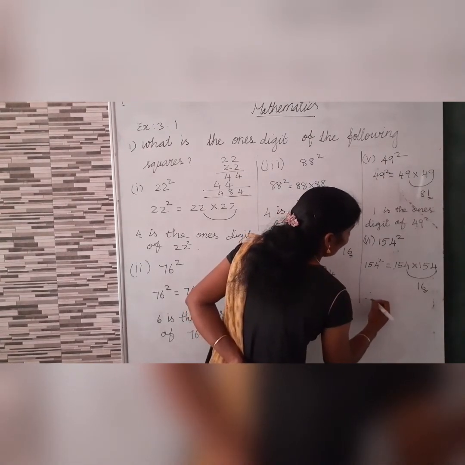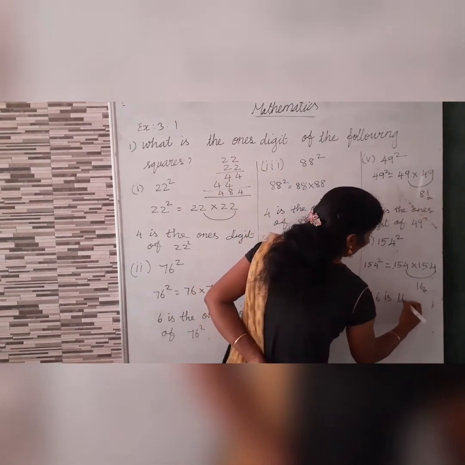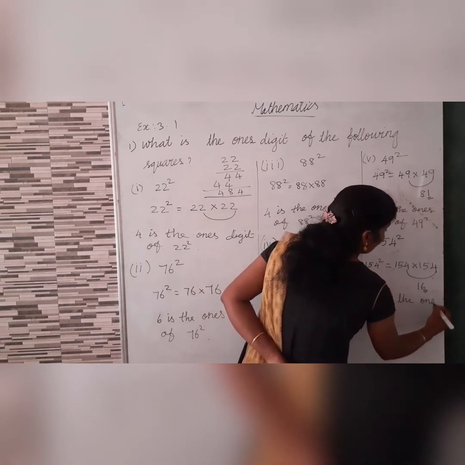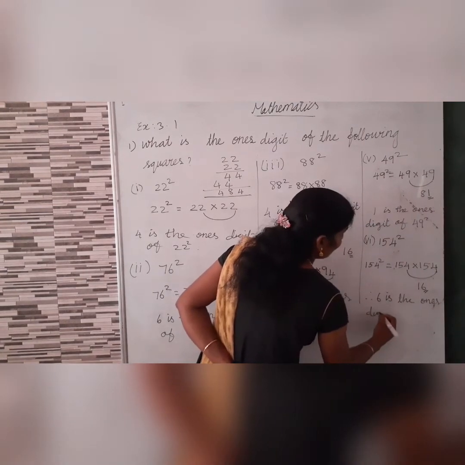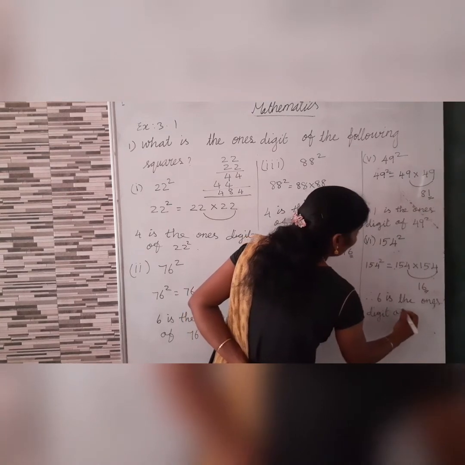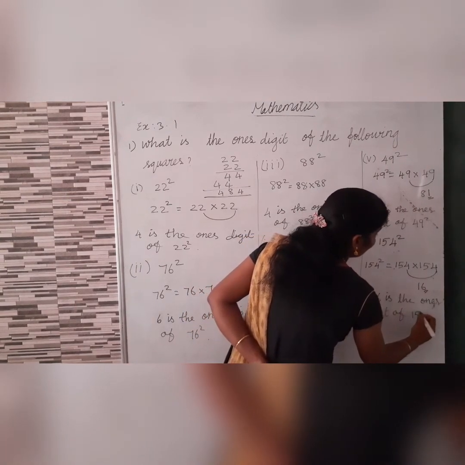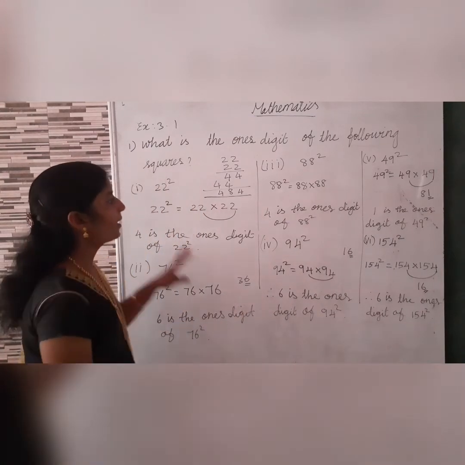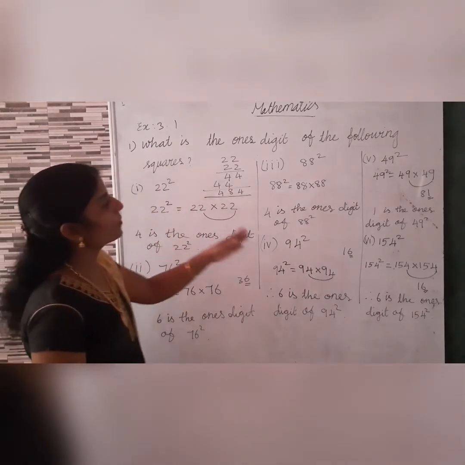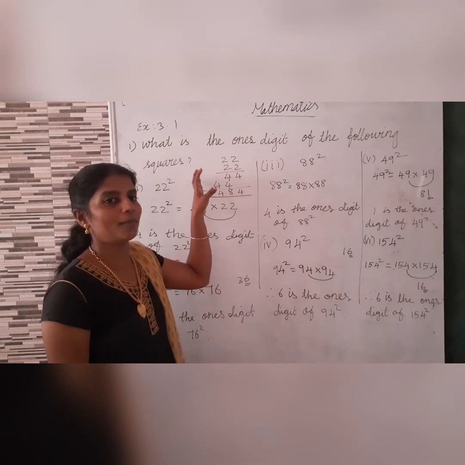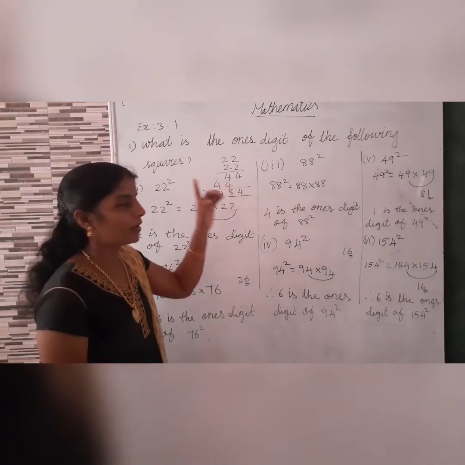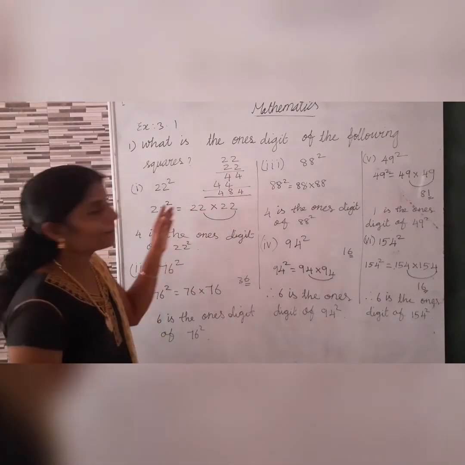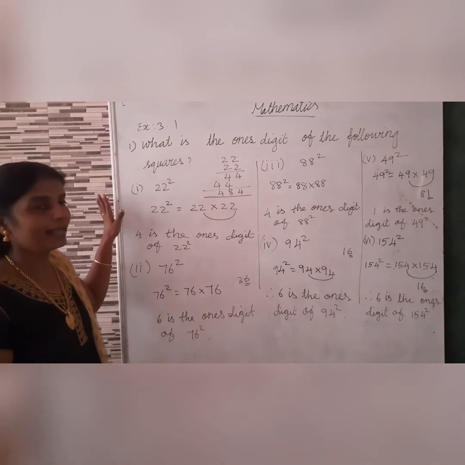So, therefore, 6 is the ones digit of 154 square. Are you clear? If you have any doubt, you can multiply that number by itself twice. What is the ones place? That is the answer. Clear?